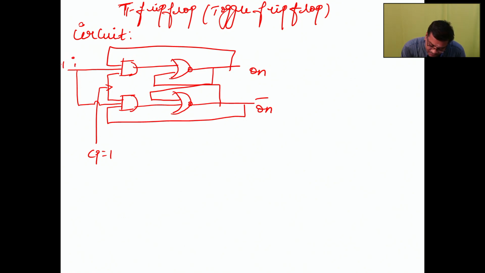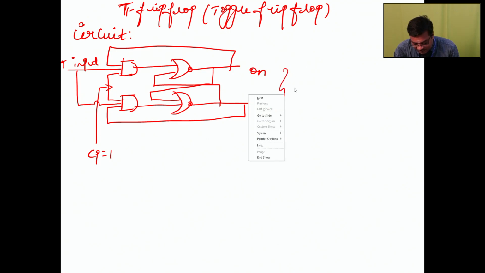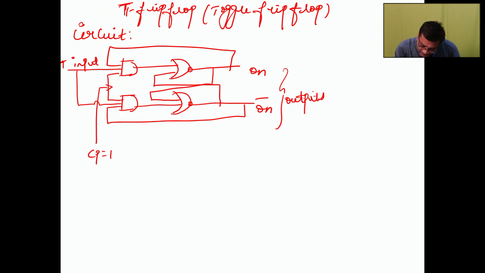So the T input here, the input will be Qn bar. So these are the outputs, and this one is nothing but inputs. These are outputs and inputs here.